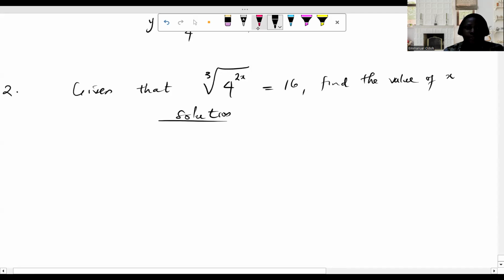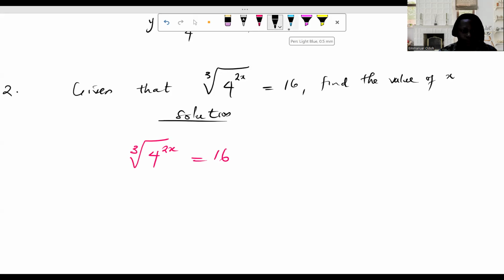So we have that the cube root of 4 to the power of 2x is equal to 16. So we'll use the same approach as Nancy suggested before. This cube root we will turn to a power, so it becomes 1 over 3.